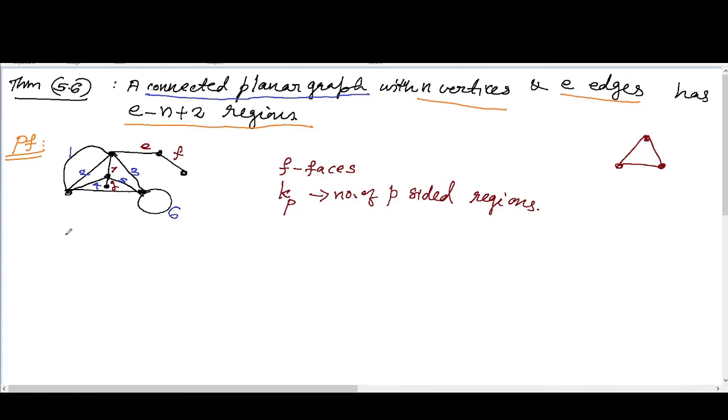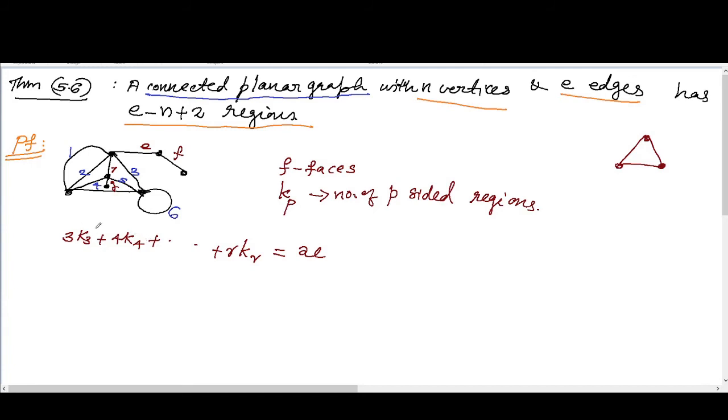Here we will have 3 into K3 plus 4 into K4 etc. plus r into Kr is equal to 2 times e. Here Kp denotes the number of p-sided regions. So, K3 denotes the number of 3-sided regions. K4 denotes the number of 4-sided regions.